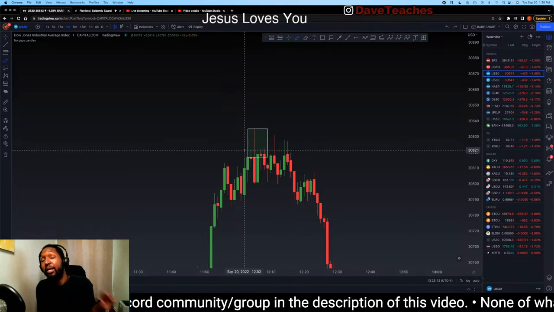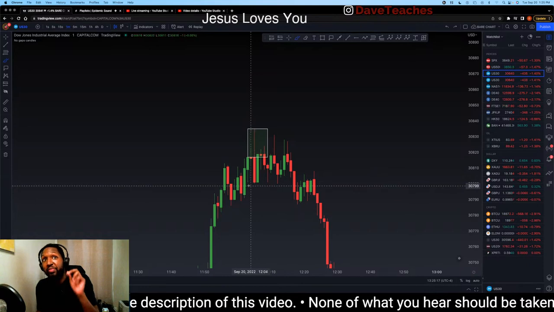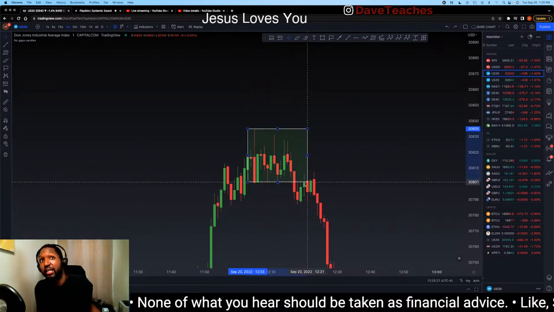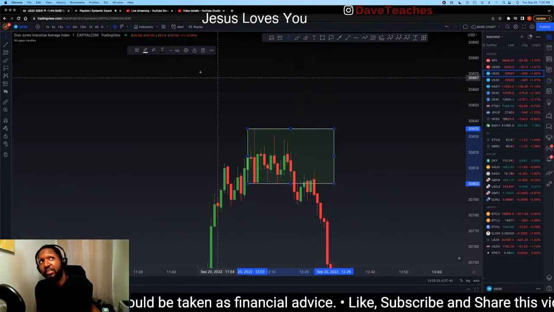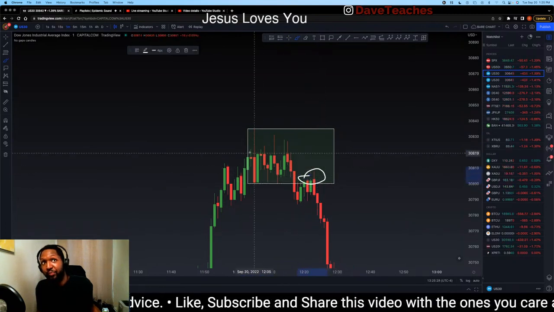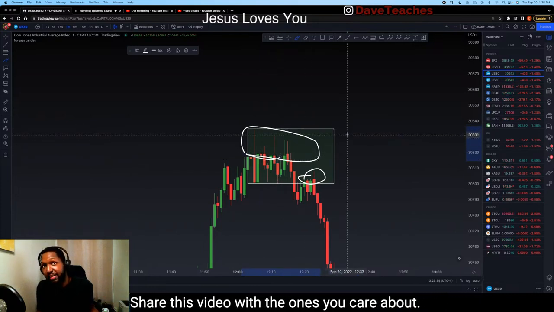But remember, and I spoke about this in the playlist, with this particular area, if you take this area and just draw a square around it, oftentimes price comes up to tap this. So this is the conservative entry. This within here is the aggressive entry.